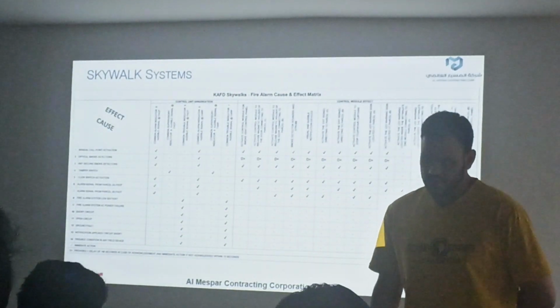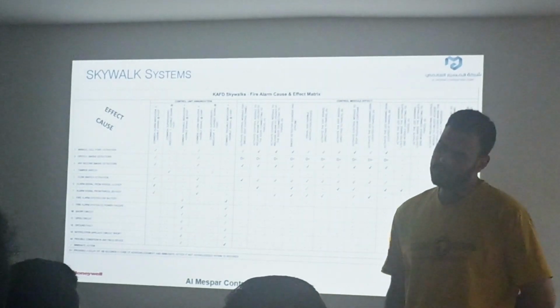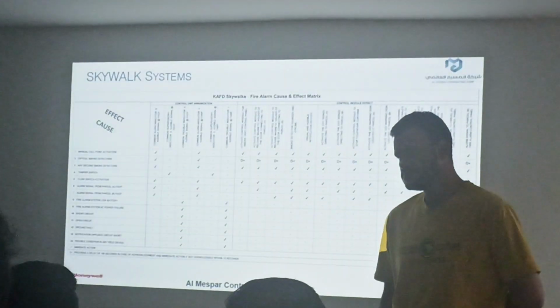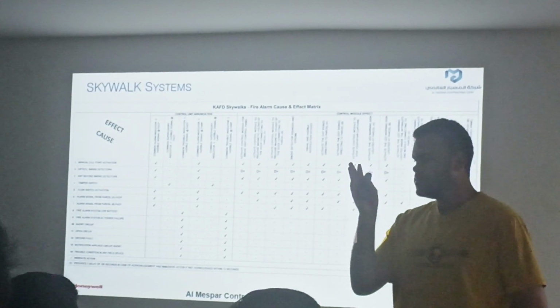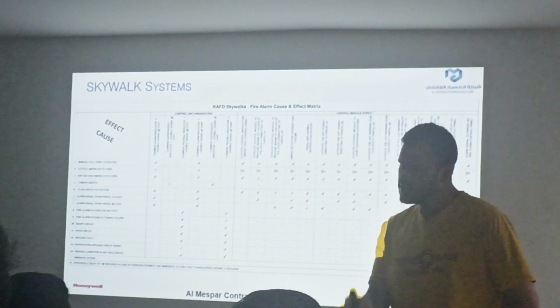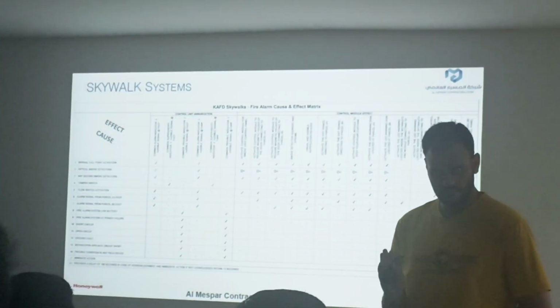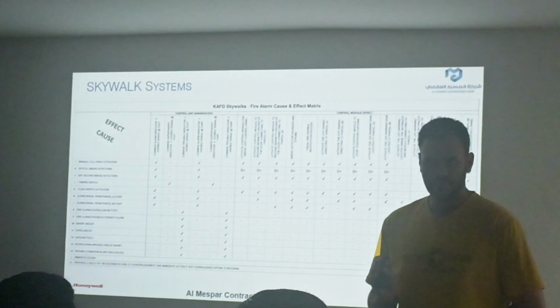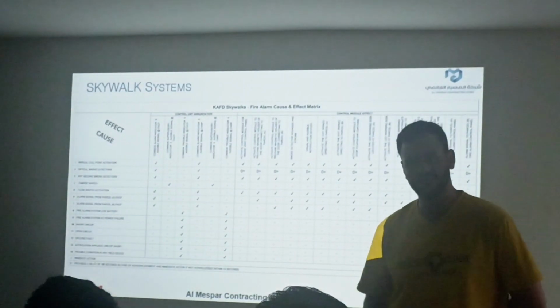In your building 111, if fire happens inside the skywalk, what's the scenario? I don't know the scenario, but the scenario will happen. If there is fire inside level 1, it's the same as if it happens inside the skywalk. You understand? I will give a signal to the building, like there is fire inside level 1.